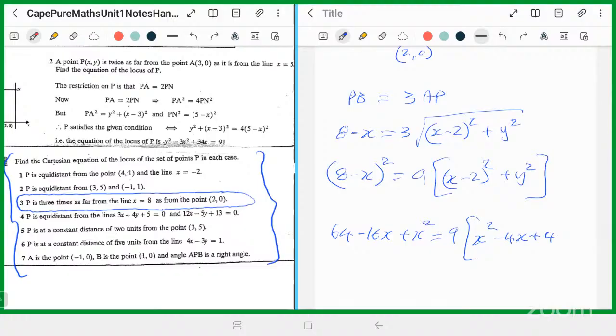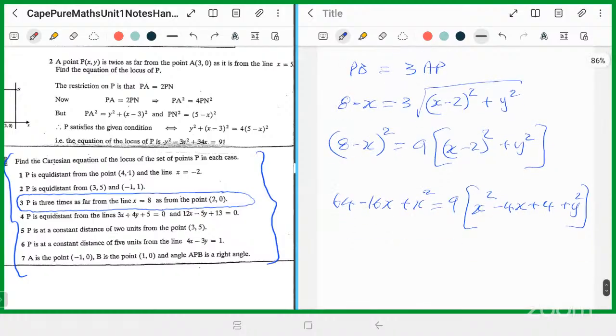So you get 64 minus 16x plus x squared. We'll multiply with a 9 here, and we get equals 9x squared minus 36x plus 36 plus 9y squared.